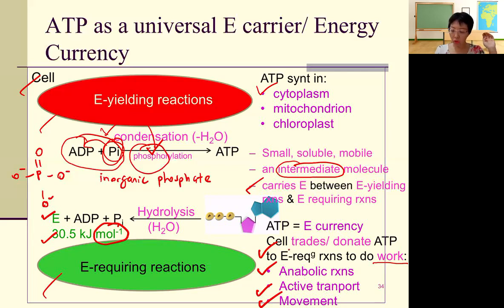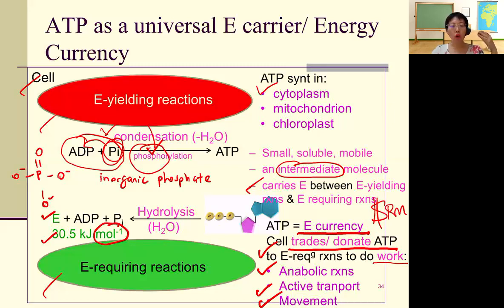So the cell trades or donates ATP, and I want to introduce you to the term energy currency. ATP is the energy currency of the cell. You know, currency means money, right? So you imagine the cell is Malaysia. Anywhere you go in Malaysia, you want to buy something, you want to get some services, you need to pay with the currency, ringgit Malaysia.